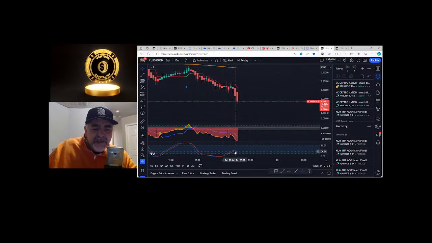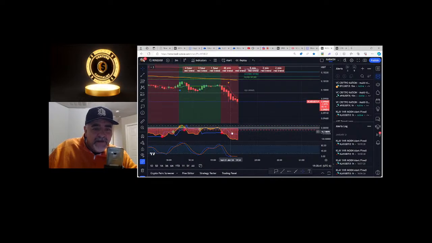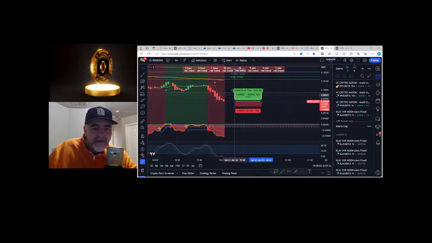All right, 15-minute push-up just happened, and we missed that first pull, which is all right, as long as the 3-minute has a bounce. So we need a 3-minute bounce here. 3-minute volume is negative, this all looks good. So ROSE would be a bounce here, and if we were going to enter this trade, we would enter a little bit shy of where we're at right now.